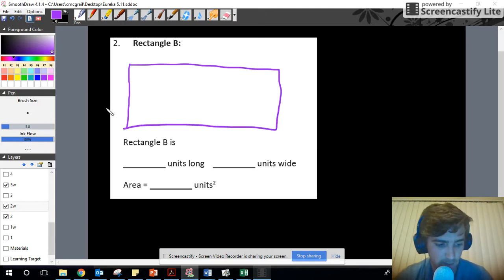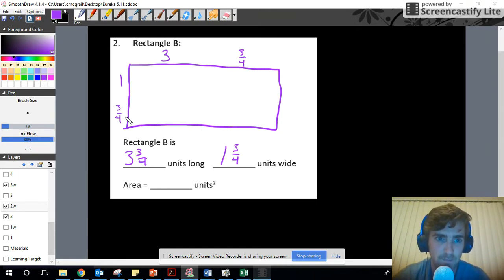Okay. Our rectangle here is going to be, here, I'll label it first, 3 3/4 units long and 1 3/4 units wide. So I'll put my whole number here, my fraction over here, 3 3/4, and I'll label this here 1 3/4.